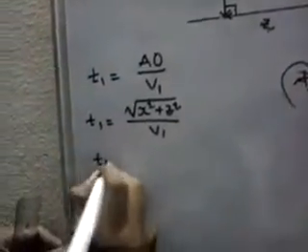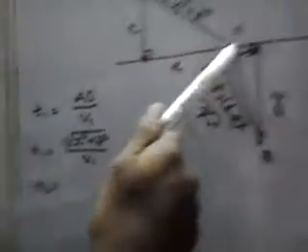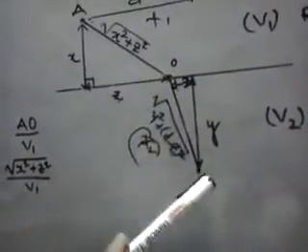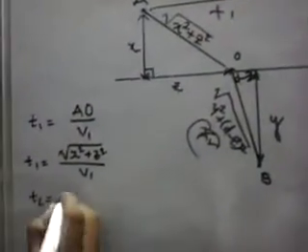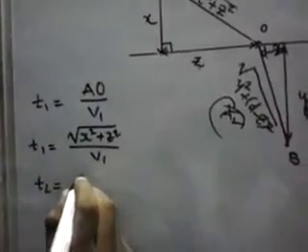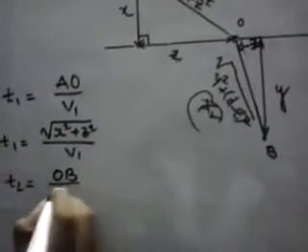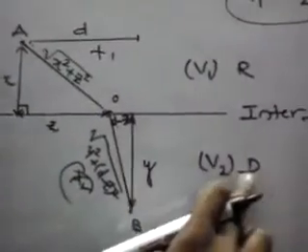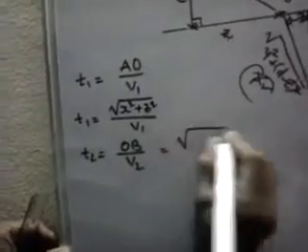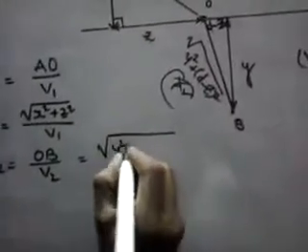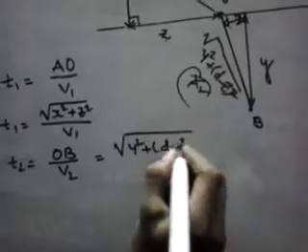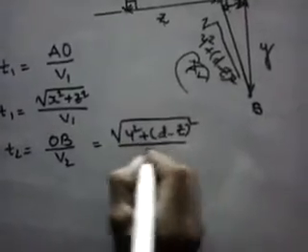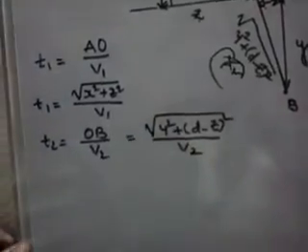And T2 is the time taken from the interface to B in the denser medium. So T2 is equal to OB by V2, where V2 is the velocity of light in the denser medium, which is lesser, and OB is root over y square plus d minus z whole square, so T2 is that by V2.